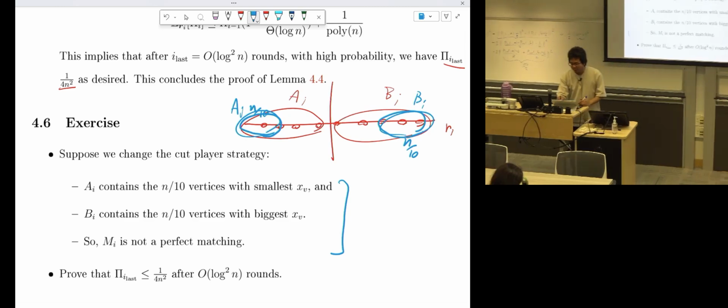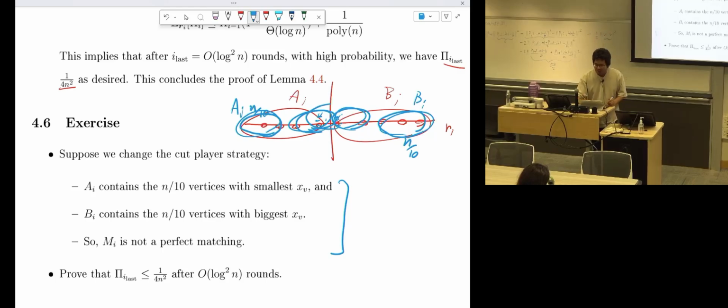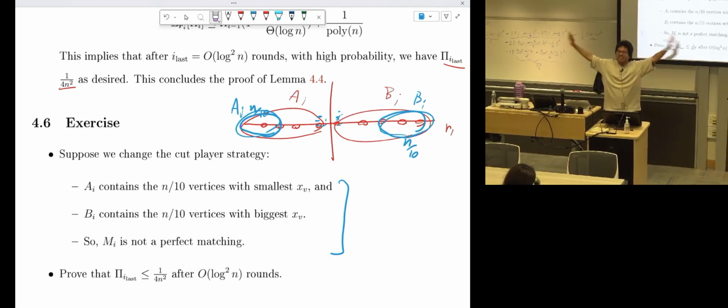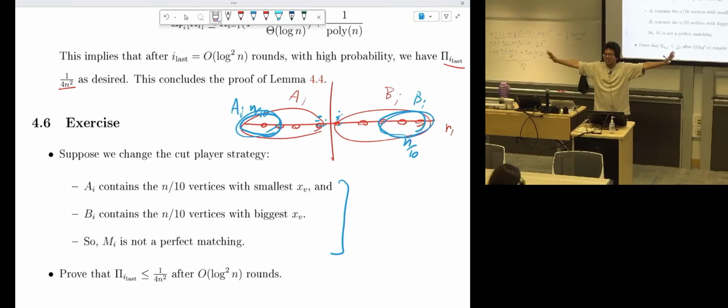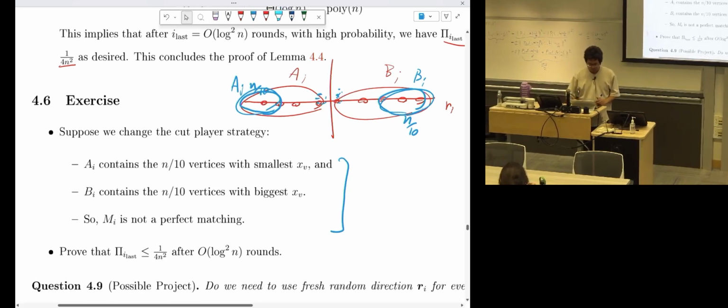If I choose A and B to be the ones closest to the median, that shouldn't work, because there can be a lot of guys here that are already close to each other. That's not good. But if I choose A_i and B_i to be the groups that are far away, that should be good. So try to prove this. Okay. Any question?